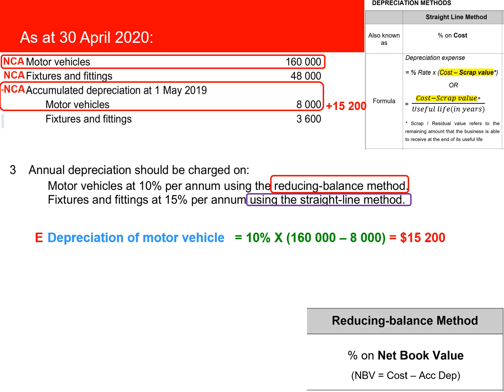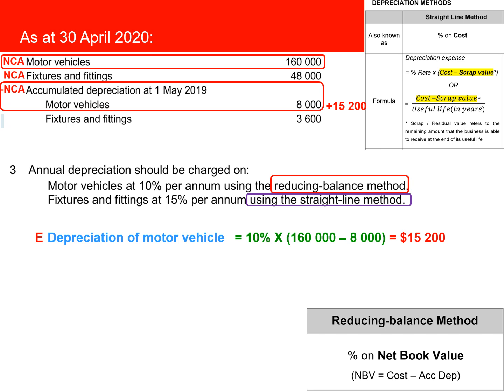But a lot of times students will get a little bit confused and start taking the cost of fixture and fitting and minusing accumulated depreciation. We don't do that. Take a look at the formula closely. You are supposed to take cost minus scrap value. Is the scrap value for fixture and fitting provided in the question? You can't find it, am I right?